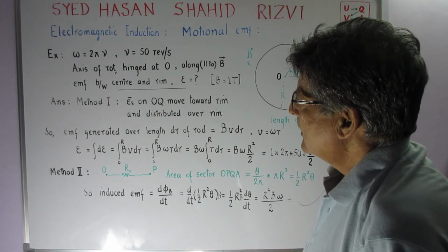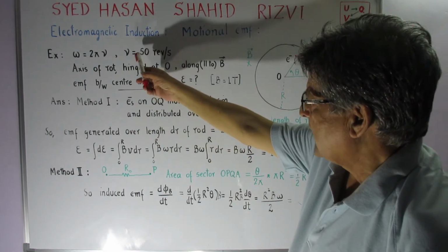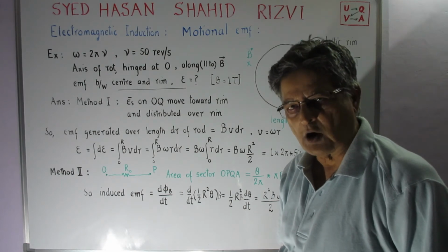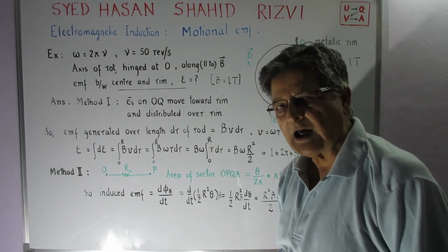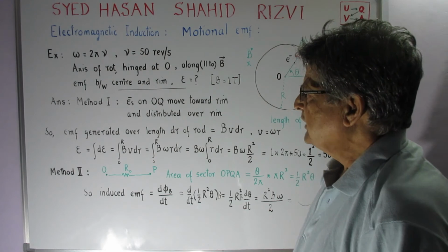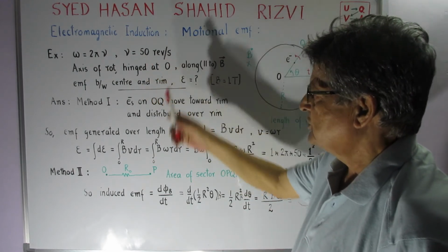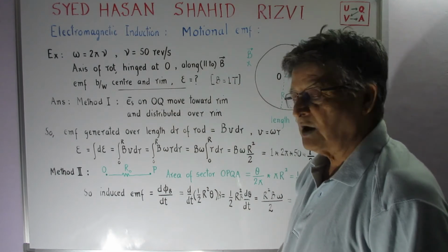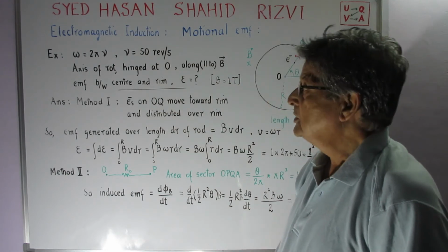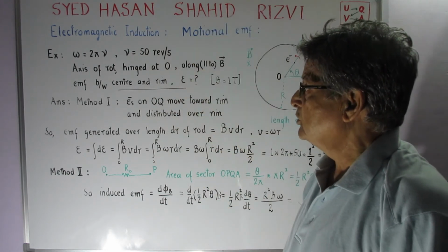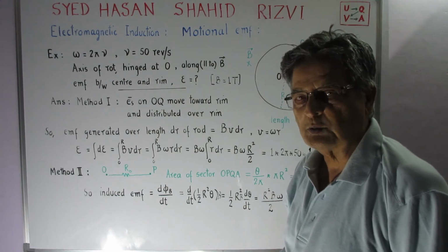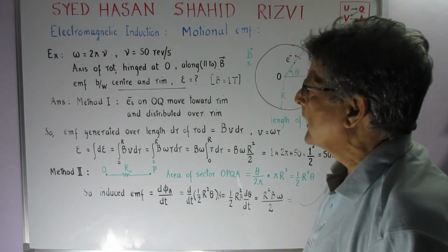Now, this is also taken from the same book, that the frequency of revolution of the rod on the metallic rim is taken as 50 revolutions per second. Always check it, because sometimes teachers put so many revolutions, like 120 revolutions per minute, and that has to be converted into per second.